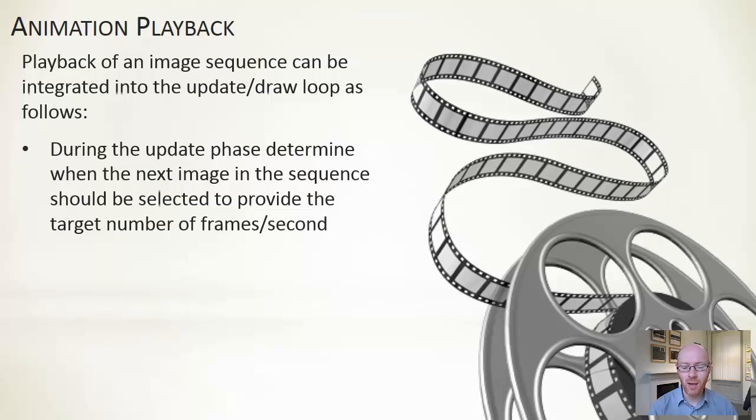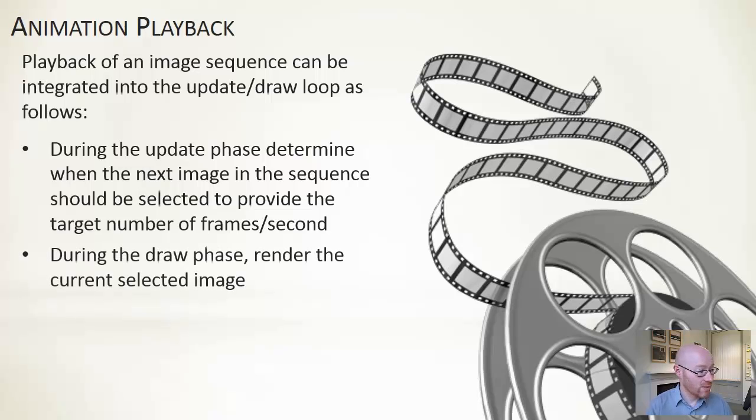We are working out what is the right frame that we should be displaying at this point in time. And that includes the decision of when it is appropriate to change from one frame to the next frame within the animation. The draw phase is arguably simple. All we do is, having worked out what particular frame we're drawing from, we simply draw it when requested to do so.